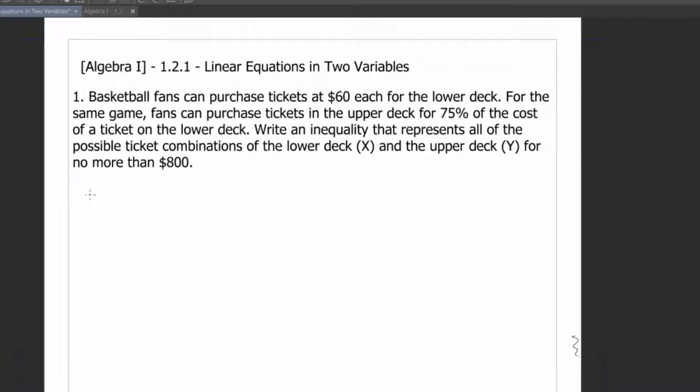Question 1 states, basketball fans can purchase tickets at $60 each for the lower deck, right? So let me write this out. Lower deck equals $60 each. And I recommend whenever you read questions that you try to highlight or write down what you believe is important in the question.